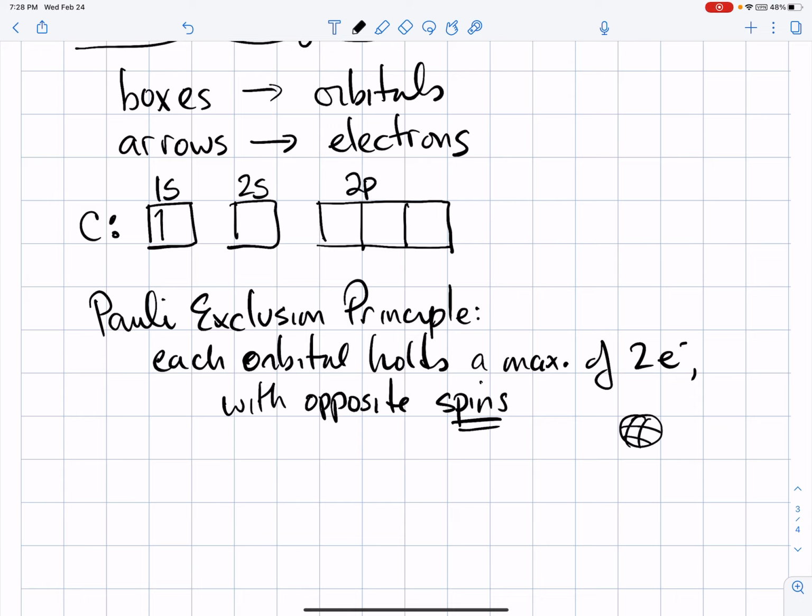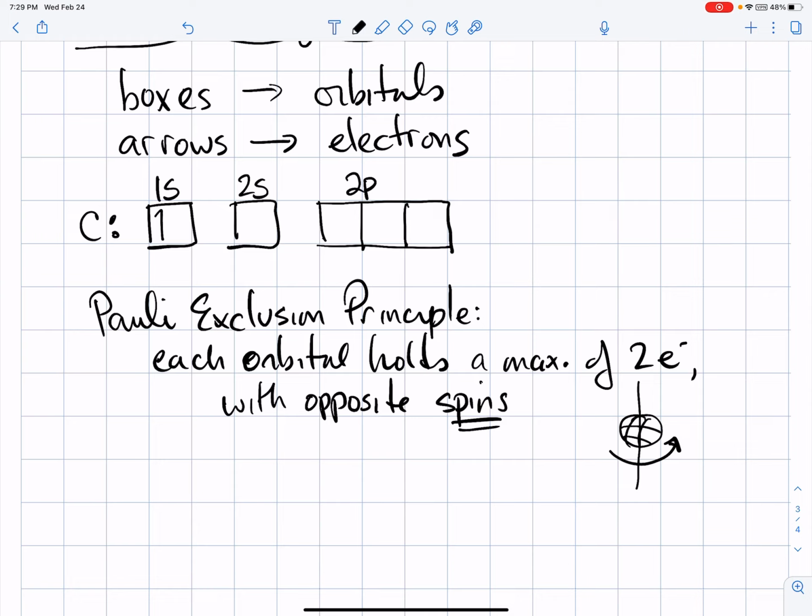We know it's more complicated than that. It has wave properties as well. But let's just imagine it for a moment as a particle. We imagine that this particle is spinning. So it's spinning. In this case, it's spinning to the right. As it spins, a negatively charged particle, it creates a magnetic field.